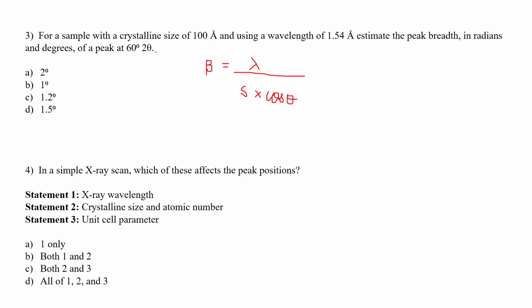So your 2 theta value is given as 60 degrees, so your theta will be equal to 30 degrees. And your crystal size is given as 100 angstroms, and your wavelength is 1.54.